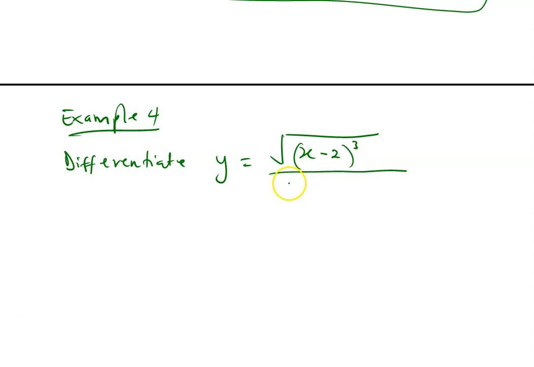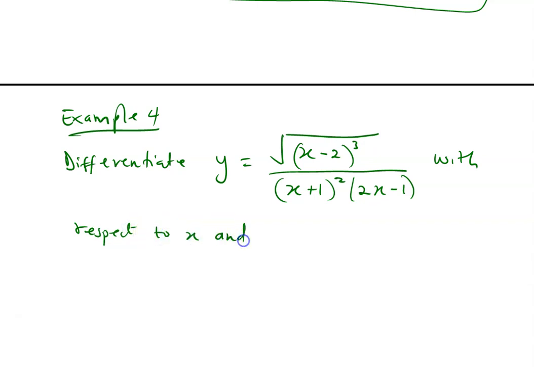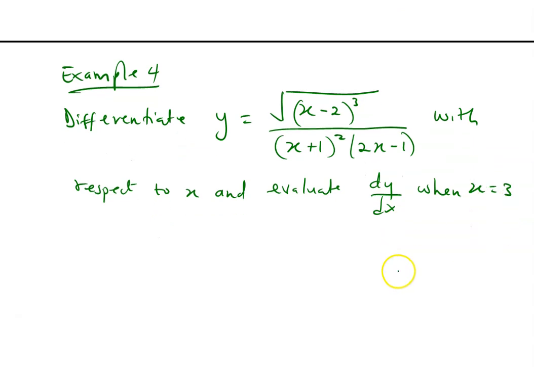All on, let's say, x plus 1 all squared multiplied by 2x minus 1, right? With respect to x, and evaluate the dy on the dx when x equals to 3. This one, product will become very difficult.